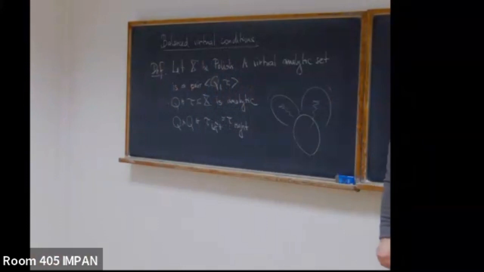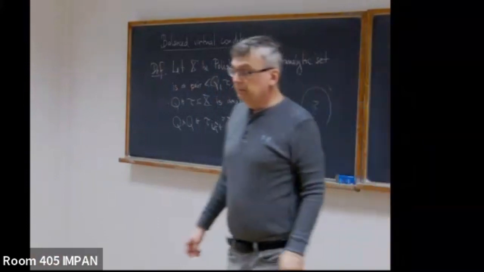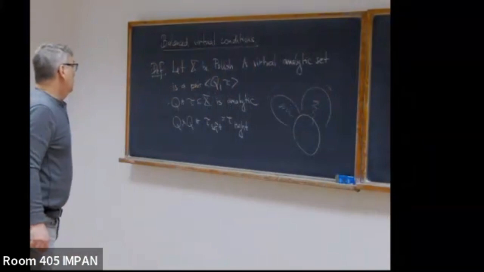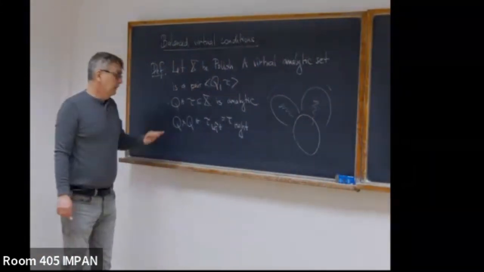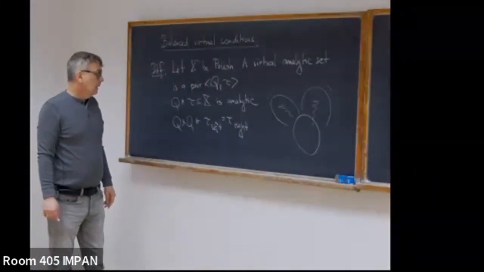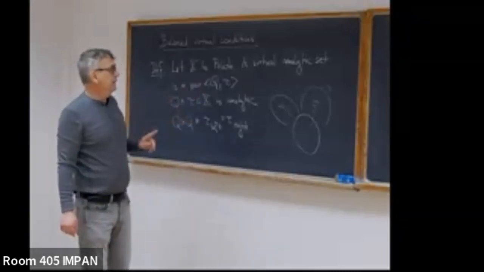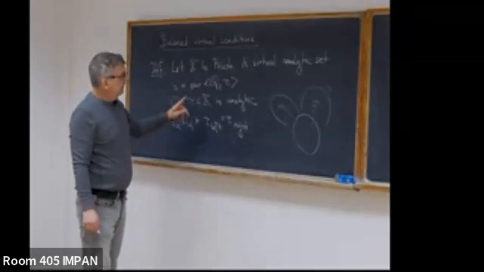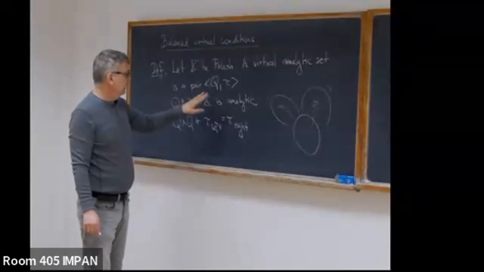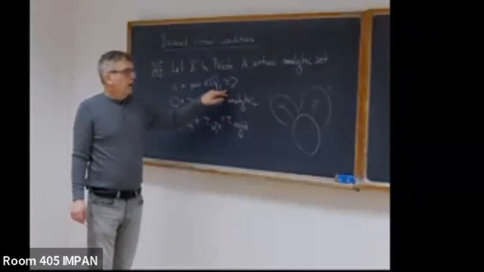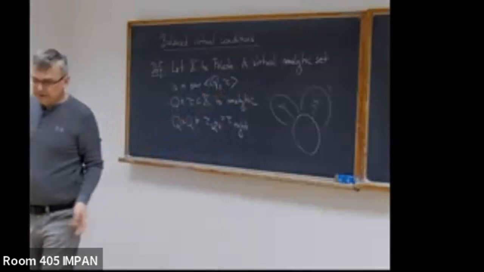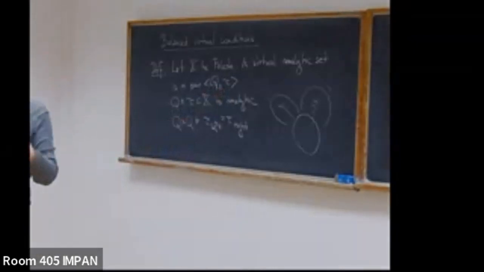So this is a typical virtual set. If you were maybe more careful about this, you would want a virtual analytic set to be an equivalence class of pairs like this, where Q, tau is equivalent to, let's say, R, sigma, if Q times R forces that tau is equal to sigma, or something like that.